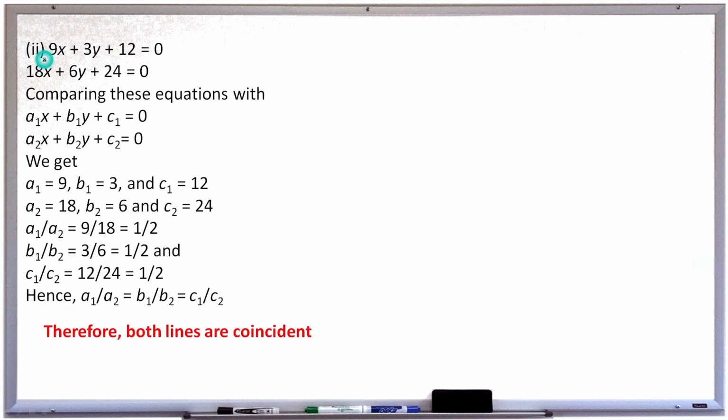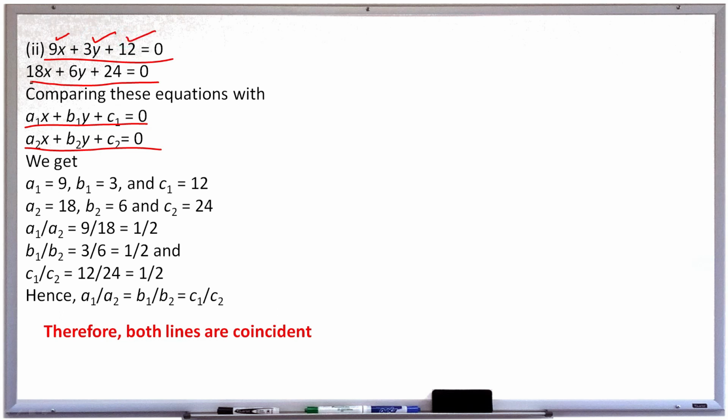Another one, consider the equations 9x plus 3y plus 12 is equal to 0 and 18x plus 6y plus 24 is equal to 0. Comparing with a1x plus b1y plus c1 and a2x plus b2y plus c2 is equal to 0, we get a1 as 9, b1 as 3, c1 as 12.